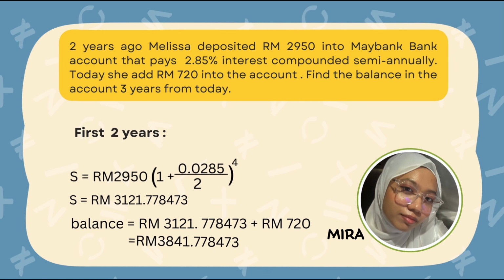S equals RM 2950 bracket 1 plus 0.0285 over 2 power of 4. The answer is RM 3121.778473. In the question, Melissa adds RM 720 into her account.